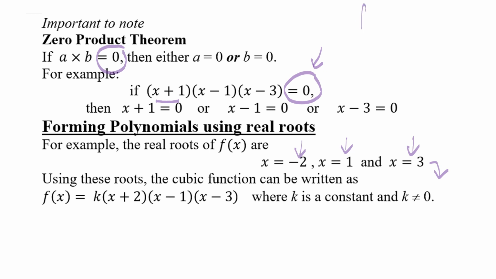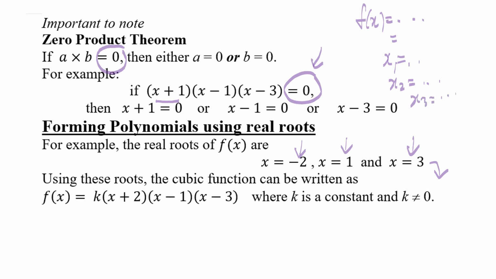If you're given a polynomial, you use a calculator to substitute in the coefficients of x cubed, x squared, x, and the constant, and then you end up getting x1 equal to a value, x2 another value, x3 another value.